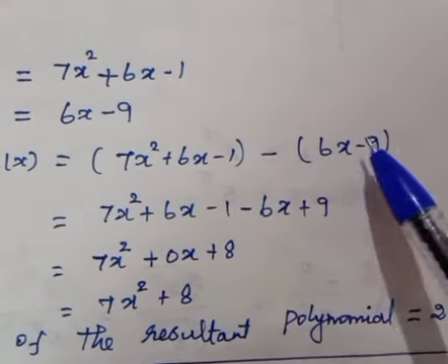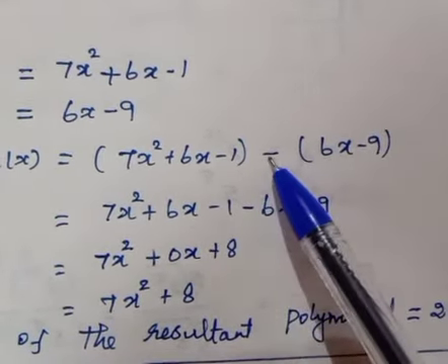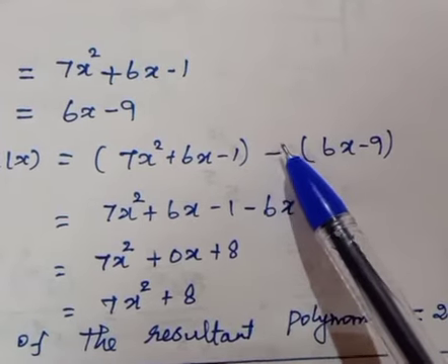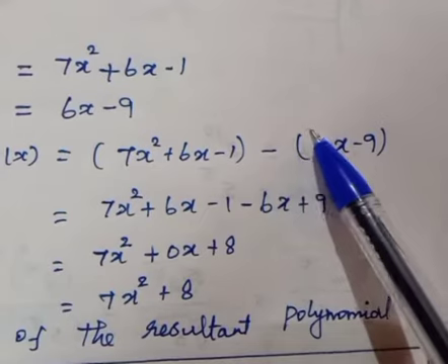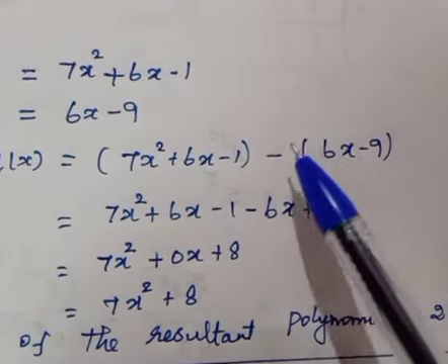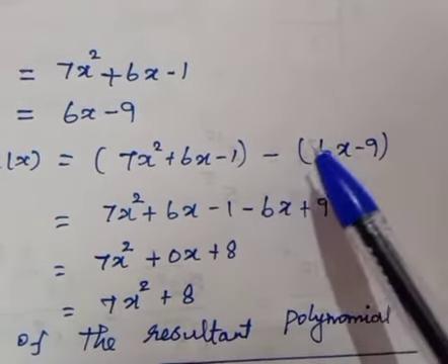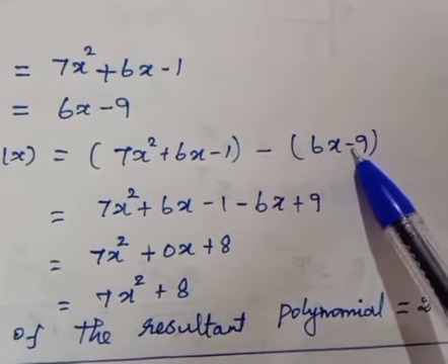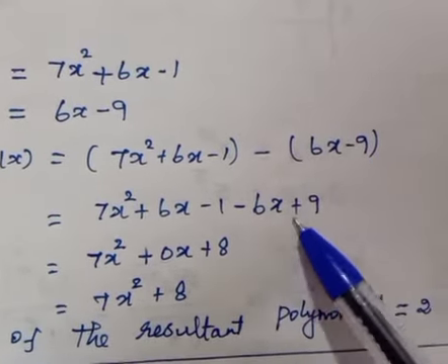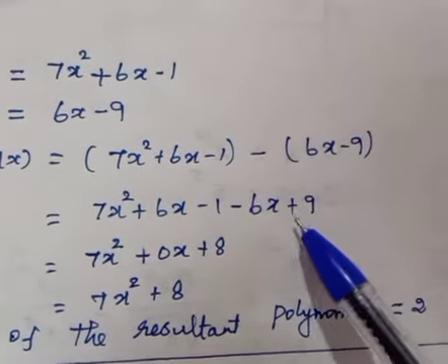Then for the second polynomial, outside we have a common minus, so you have to remove the bracket, that is, take this minus inside. Minus 6x, and minus into minus 9 is plus 9, minus into minus is plus.